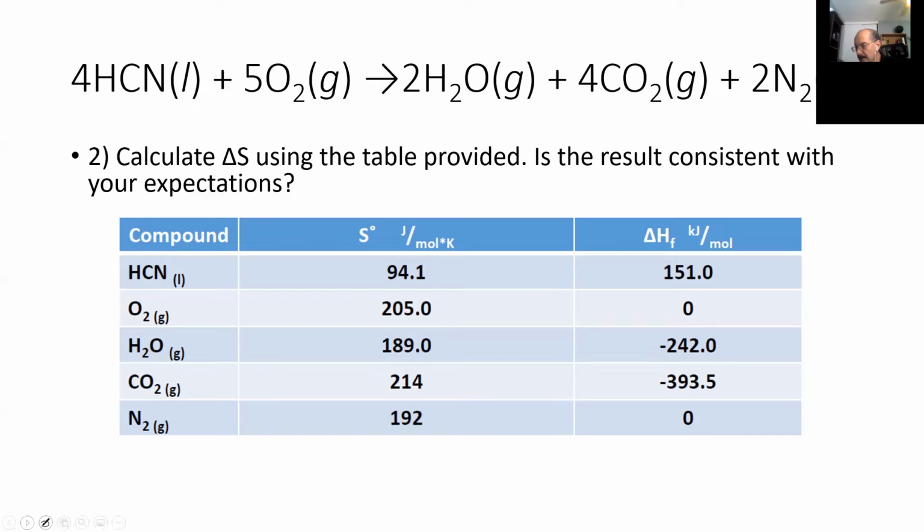So in this case, what they're giving us is, we're going to look for this value here. We are looking for the standard entropy.